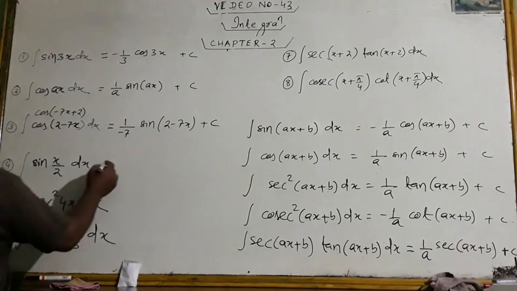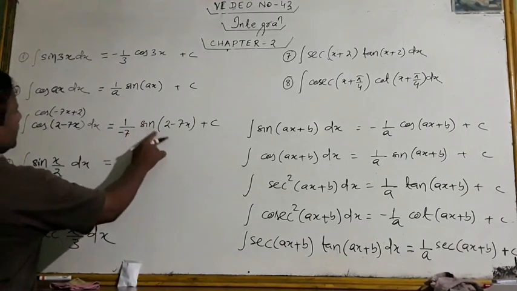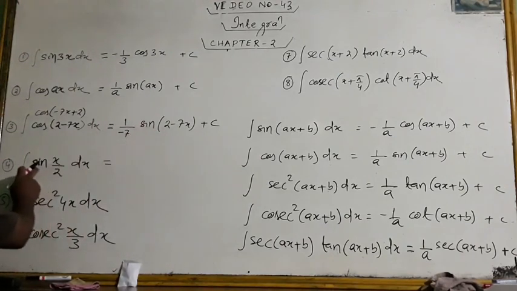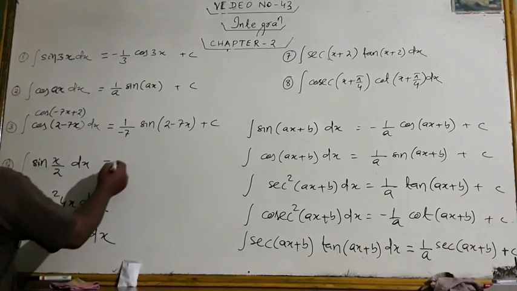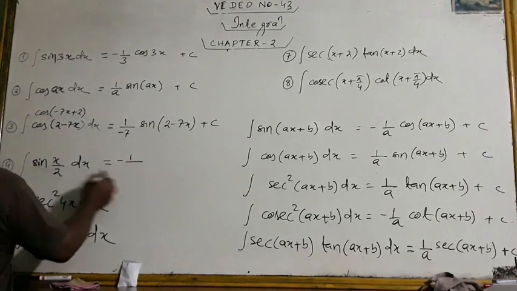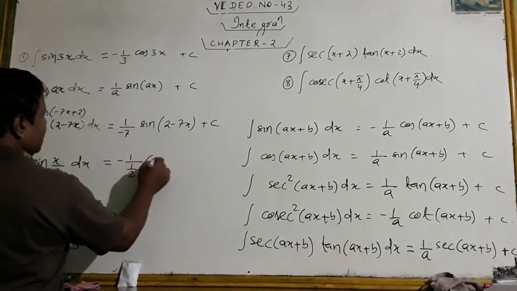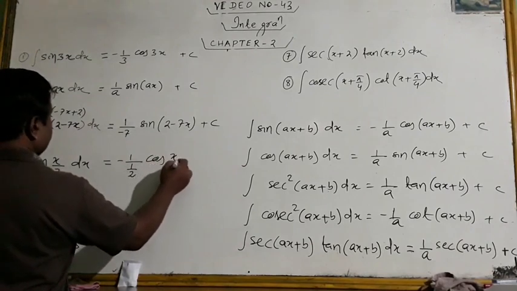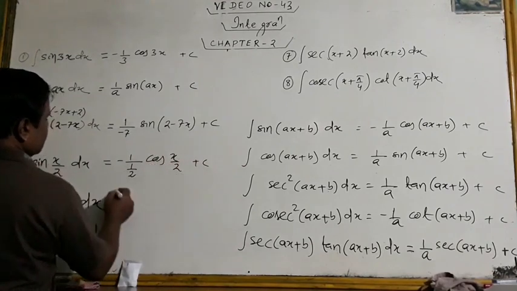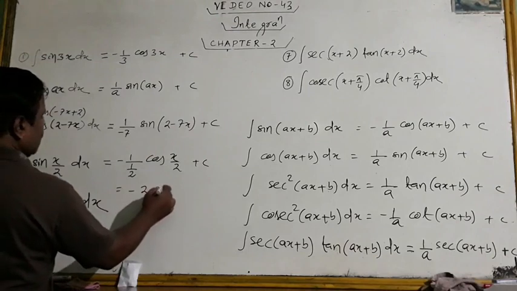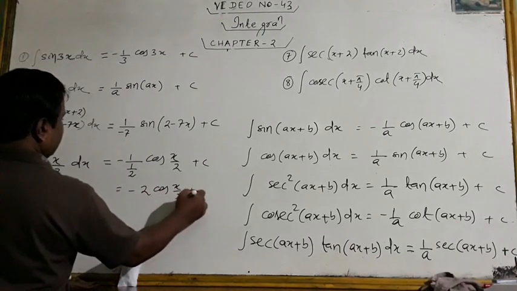Now what is its answer? I will give two methods for this. After telling this, sin x by 2: minus 1 by a, where a is 1 by 2. The integration of sin is cos x by 2 plus c, so the answer is minus 2 cos x by 2 plus c.